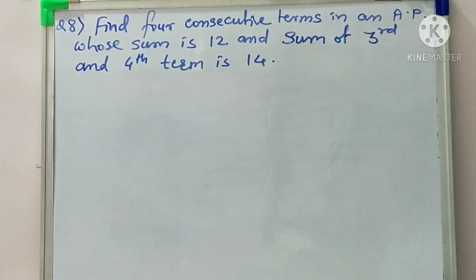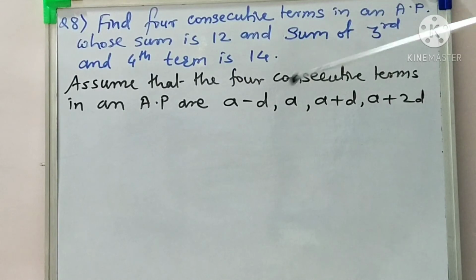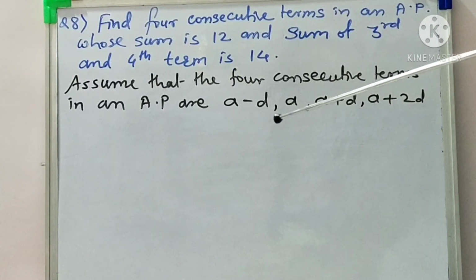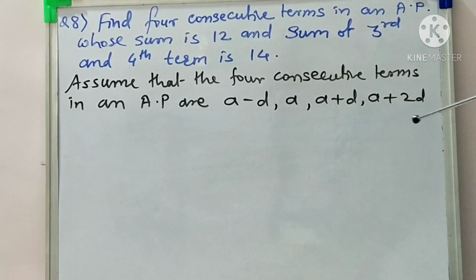Okay, so like the previous example, here we have to find 4 consecutive terms, and how we assume them, we have given in the hint part. So pay attention over here: a minus d, a, a plus d, and a plus 2d.